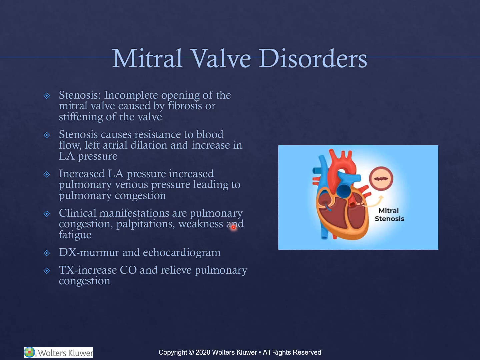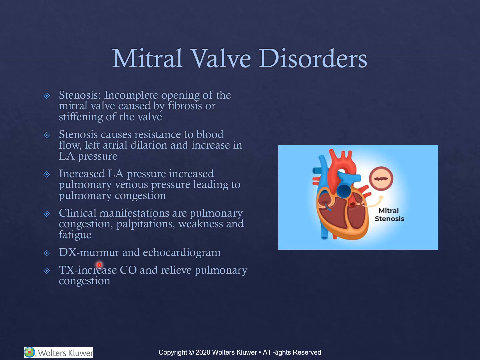Patients can also experience things like weakness and fatigue. This will also start to not only impact pulmonary congestion, but it also impacts forward flow and potentially stroke volume as well. Diagnosis, we usually can appreciate maybe a murmur when we're listening to heart sounds.